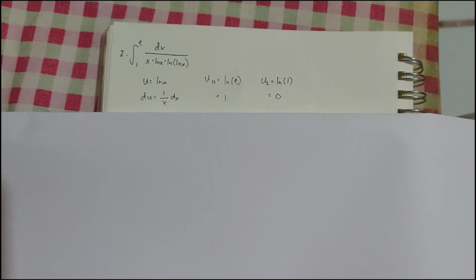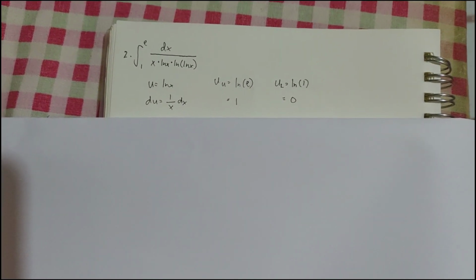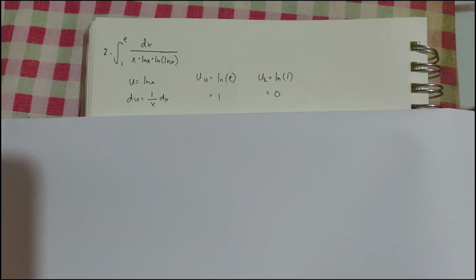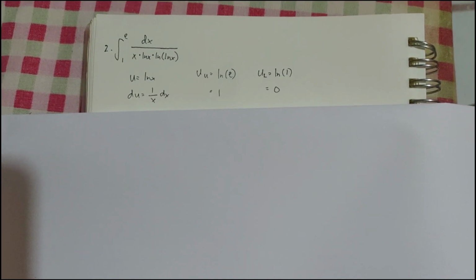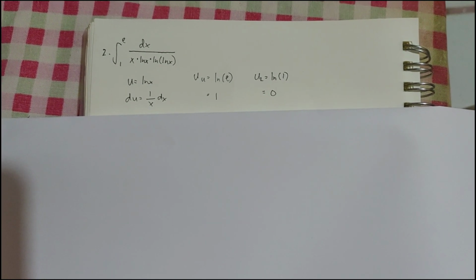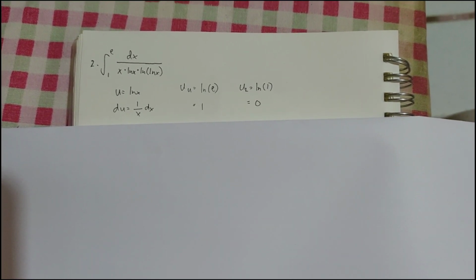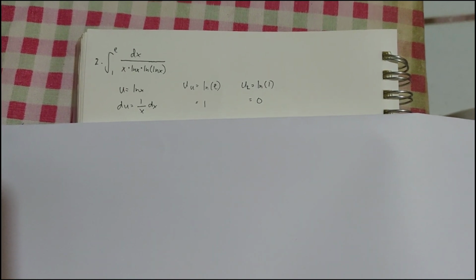From this, we will get our new upper limit and lower limit. We will simply substitute e into our ln x, which is ln e is equal to 1. Our new lower limit is ln 1, which is just 0.